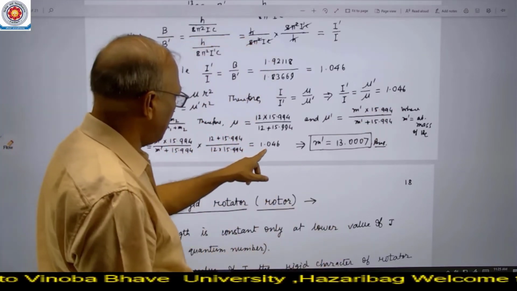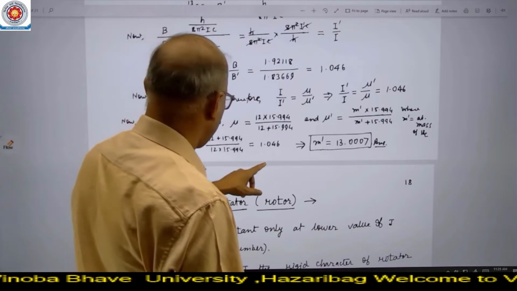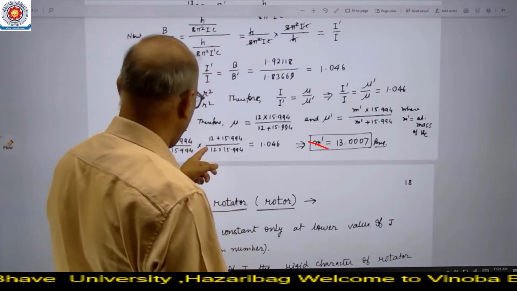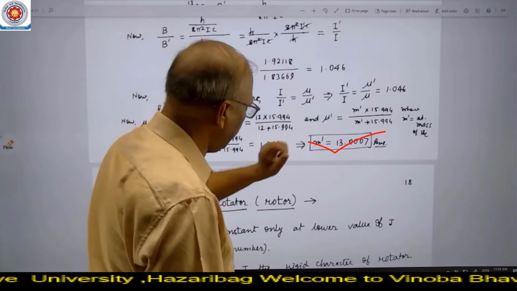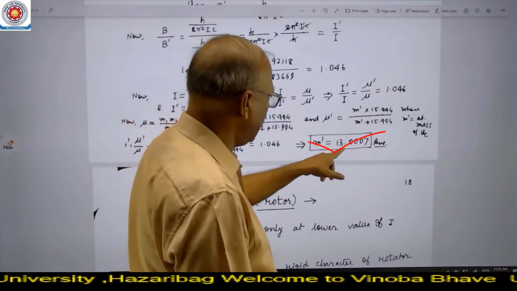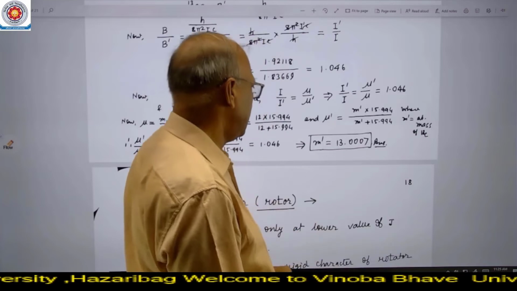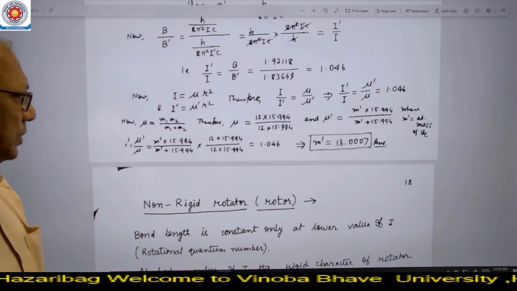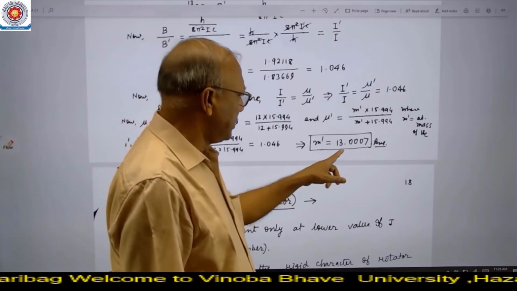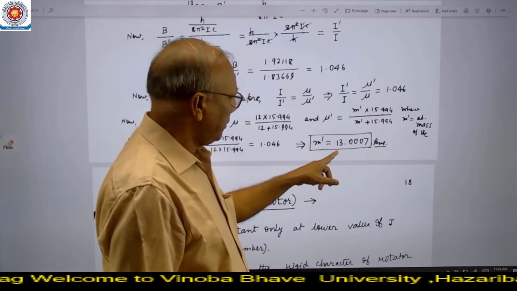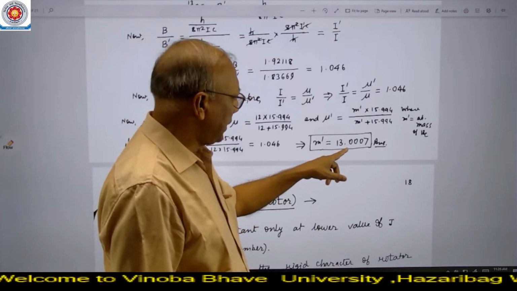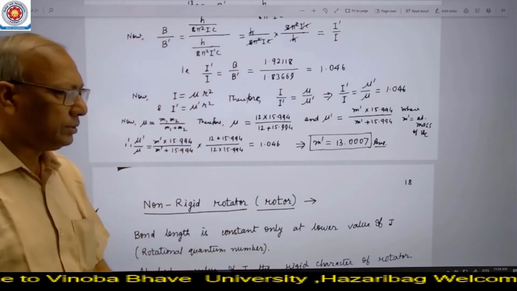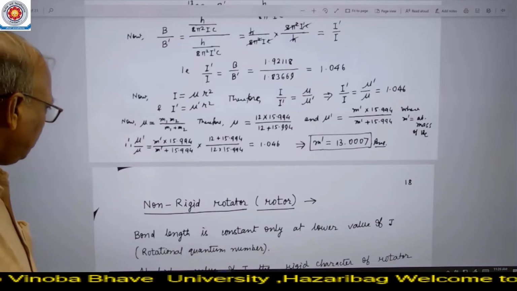So it is equal to 1.046. When this is calculated, this will give the value of m prime as 13.007, and this is the mass of the substituted C13 atom. So C13 means the whole number is 13 and the fraction is 0.007. So we can write C13 as usual.